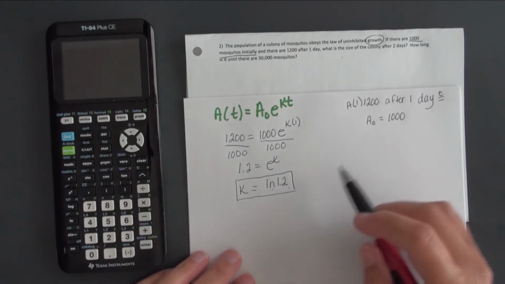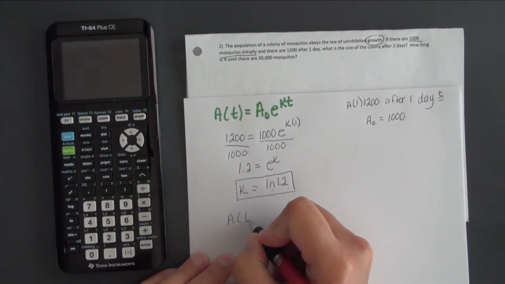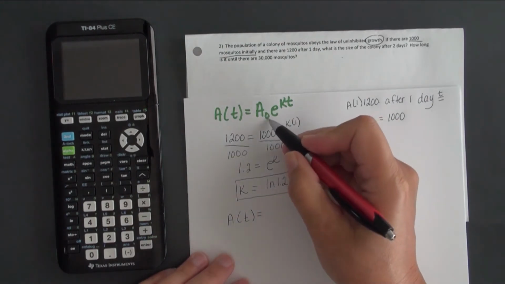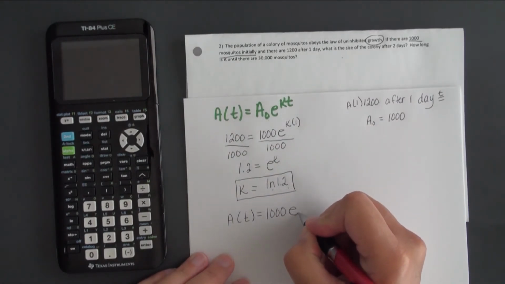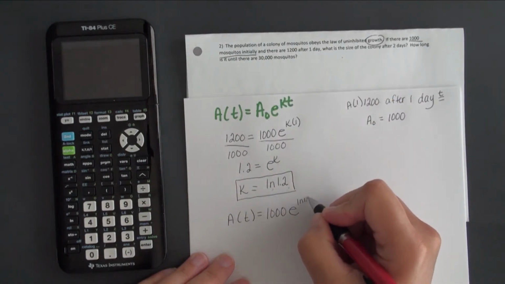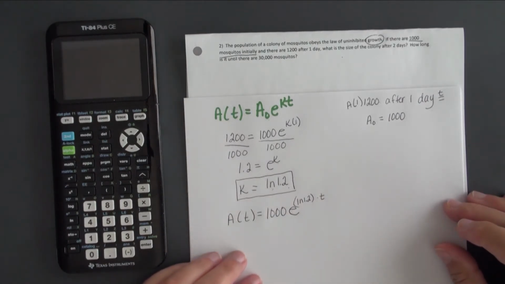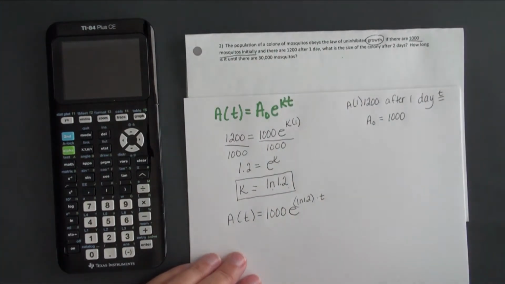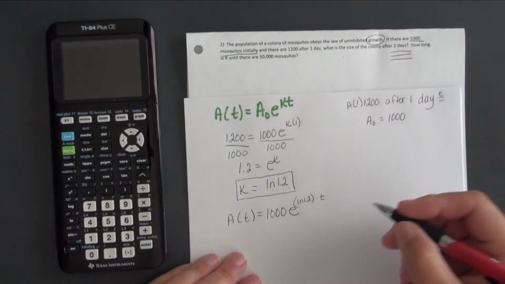Okay, so now let's see what our equation becomes. It becomes A of T equals our initial amount, which is 1,000, times e to the K power. K is natural log 1.2 times T. So that's the equation that I'm working from, and I want to know what is the colony size after 2 days.